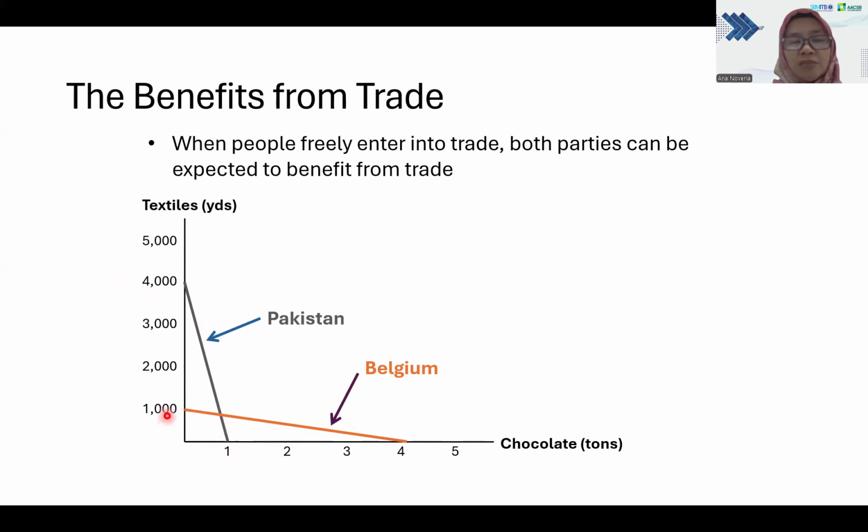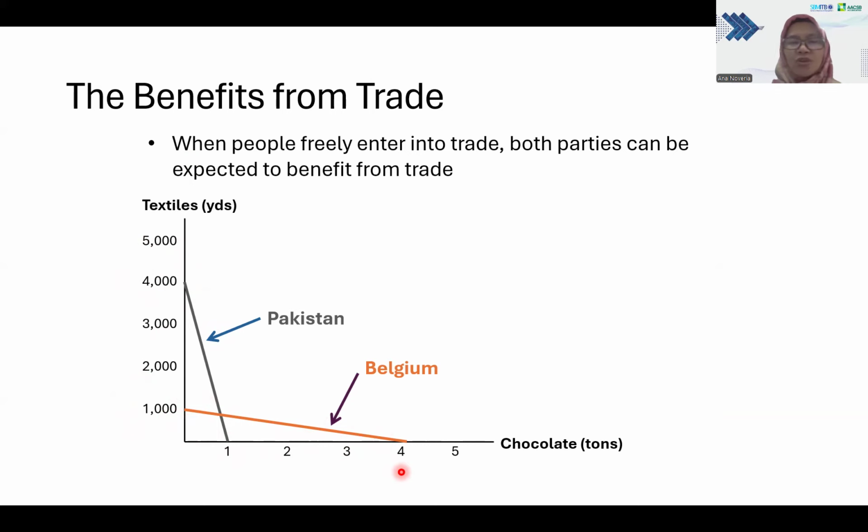But for Belgium, if Belgium spends all the resources to produce textile, they can only produce 1,000 yards. But if they use all the resources to produce chocolate, they can make 4 tons of chocolate. So we can imply that these countries can trade if they specialize.